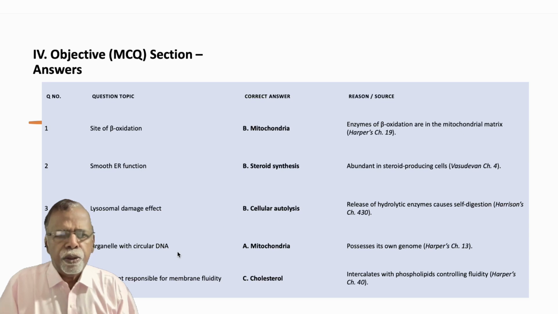The organelle with the circular DNA. What is a cellular organelle with the DNA? It is mitochondria. As I mentioned, mitochondrial genes are maternally inherited. Component responsible for membrane fluidity. So the fluid mosaic model, the cholesterol is the one which gives fluidity.